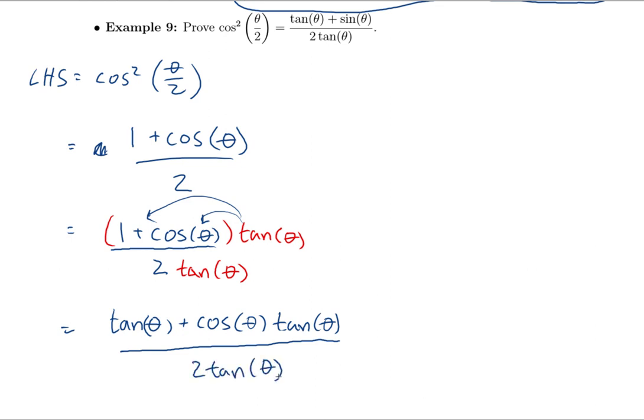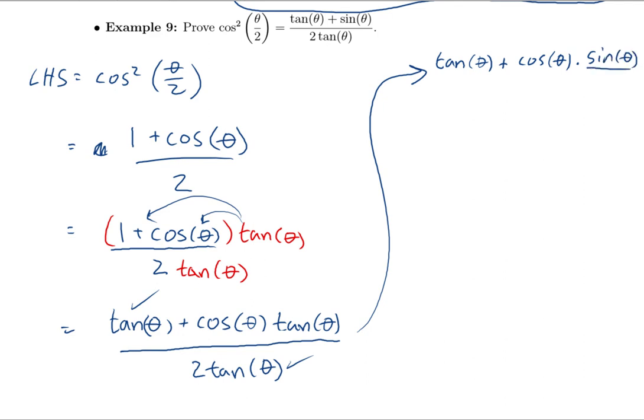So we got almost everything we want here. And remember, if you're ever unsure about your next step, maybe write things out in terms of sines and cosines. I'm going to leave these alone because that's exactly what I want to show up. But in this term here, let's write that out as sines and cosines. So this is plus cosine theta, and then instead of tangent, we'll say sine theta over the cosine of theta. And that's all being divided by 2 tangent of theta.